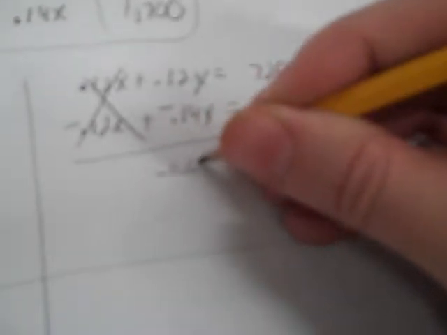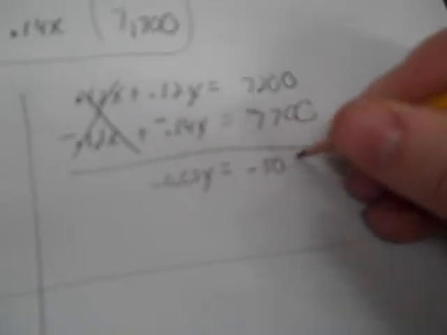And the bottom is 0.12x plus 0.14y equals 7,700. Okay, change all those to negatives. So I add 0.12 plus negative 0.14. That's negative 0.02. Write the whole decimal. Then I add those to get negative 500.